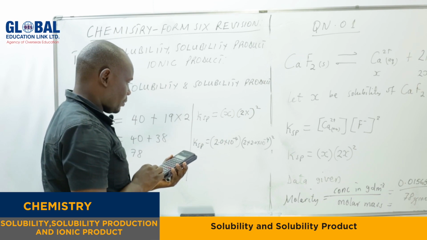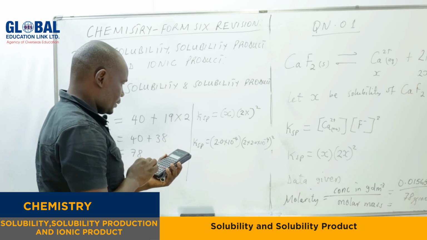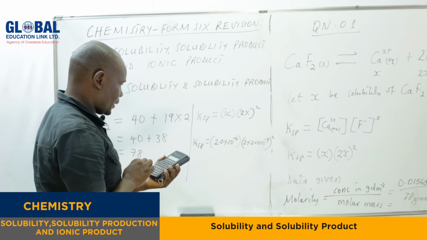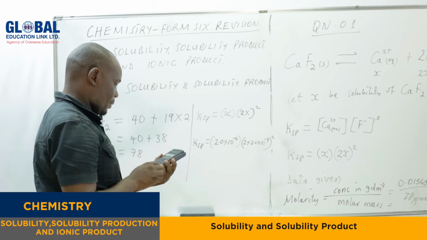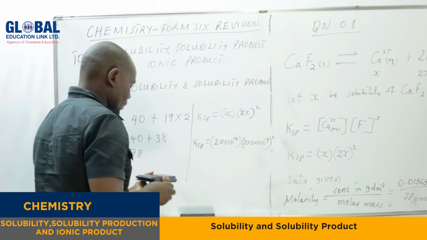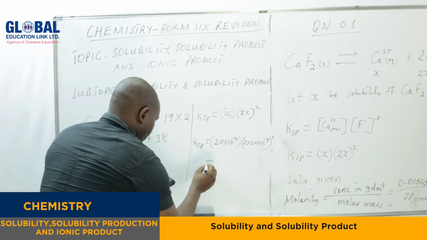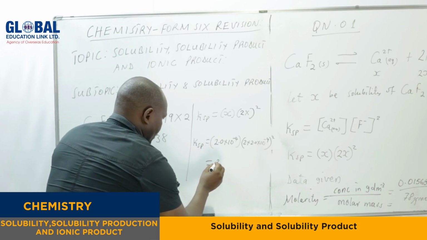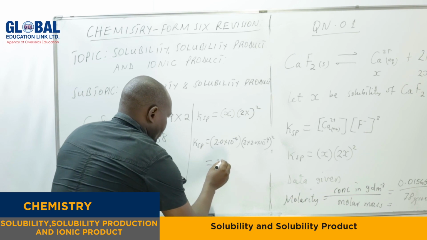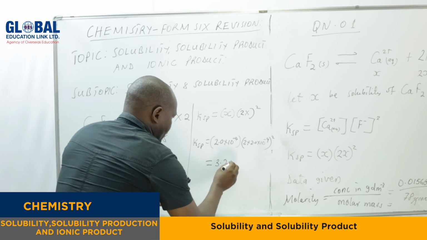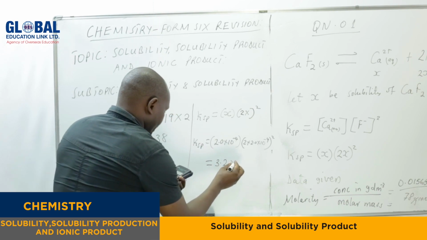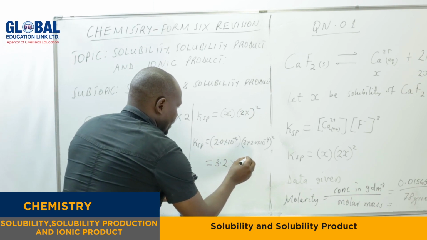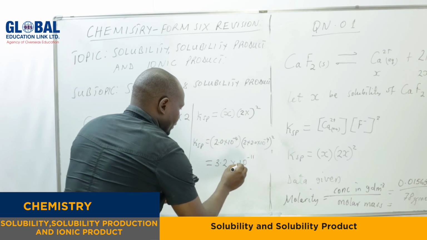Then the answer is 1.6 times 10 power negative 7, then times 2.0 exponent negative 4 also. The answer is equal to 3 times 2, and the answer is 3.2 times 10 power negative 11.